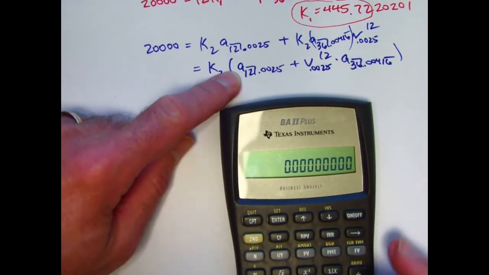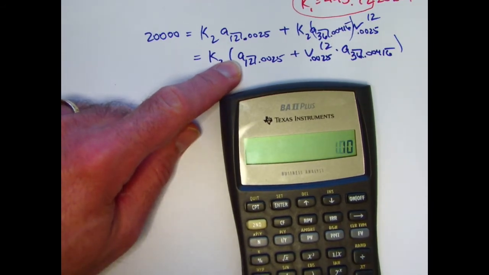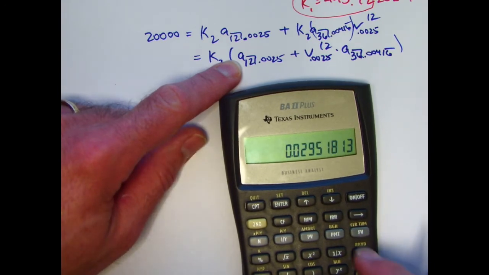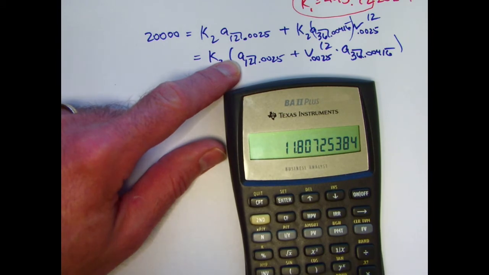Let's find this A first. So I need 1 plus I to be 1.0025. V will be the reciprocal of that. I need to raise that to the 12th power, subtract from 1, divide by 0.0025. This quantity is about 11.807. Let me store that in register 1.